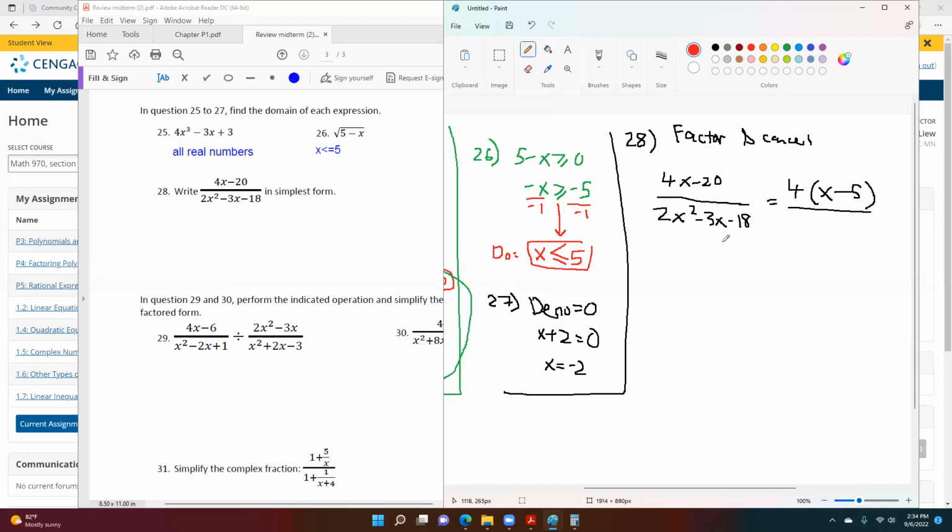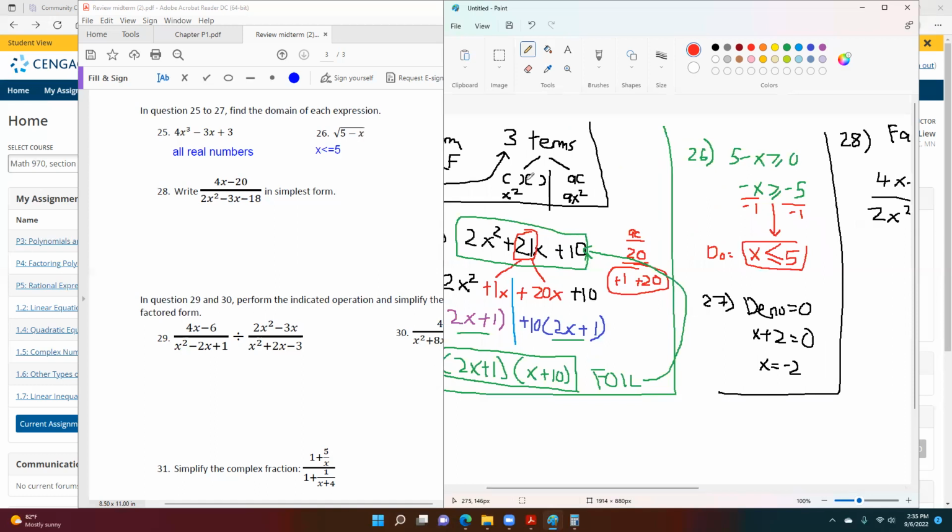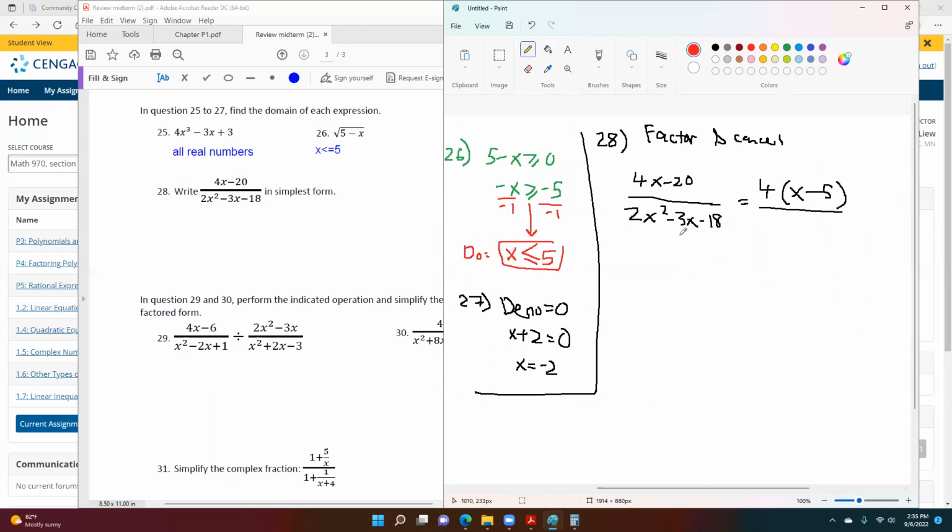No, we don't, because no number can divide 2, 3, and 18. So this is three terms. Are we using the easy factor or the AC method for this denominator? AC. The reason we choose AC is because we have a number in front.